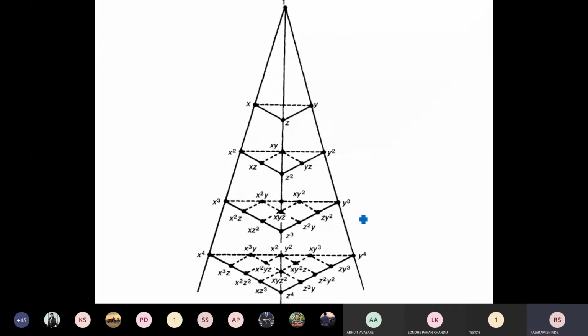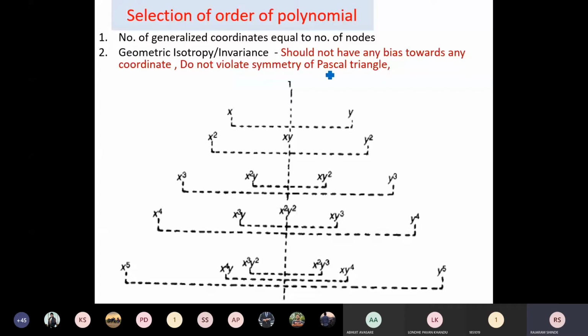Okay, now I will go to the next, Pascal's tetrahedron. Now Pascal's triangle is used to write the polynomial for two-dimensional element, and Pascal's tetrahedron is used to write the polynomial for three-dimensional elements. Now see here, in last case, it should not violate the symmetry of Pascal's triangle.